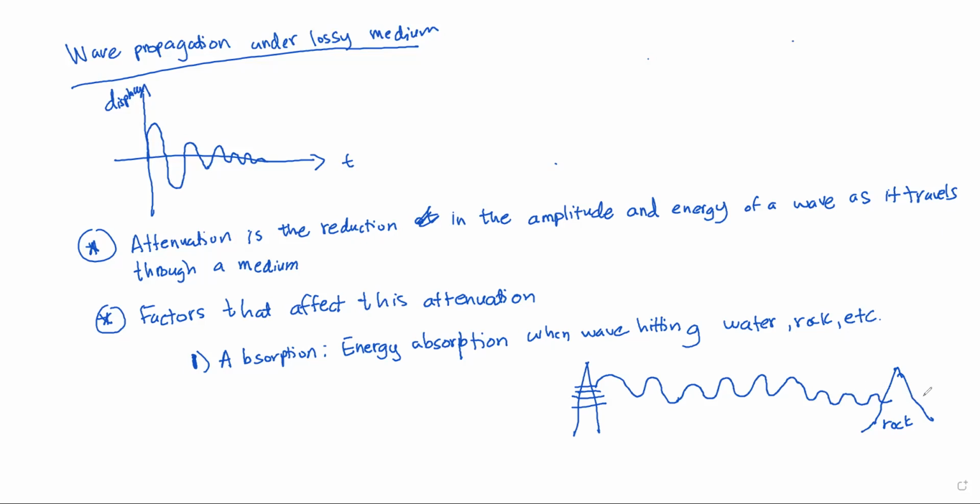If we want to reach a certain user near this rock area or some obstructing area in the environment, sometimes the user might not get enough signal strength because of the absorption of the energy of the wave by these obstacles.